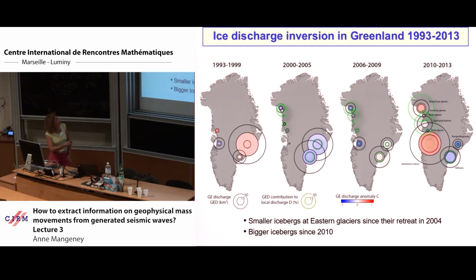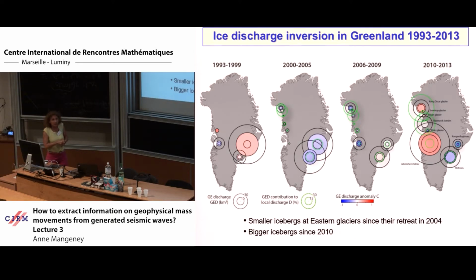So I try to explain this, which is sometimes a little bit difficult to understand. Here you have Greenland, from this period up to a recent period. The size of the circle represents the amount of volume that is related to iceberg calving. In this period, you see that you have a large amount of icebergs released in this area, the Helheim Glacier here.